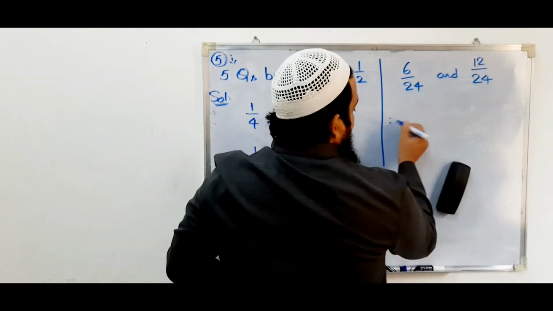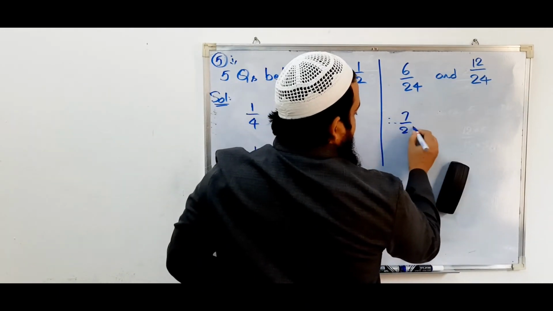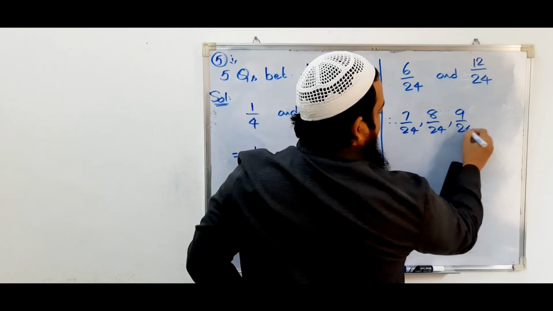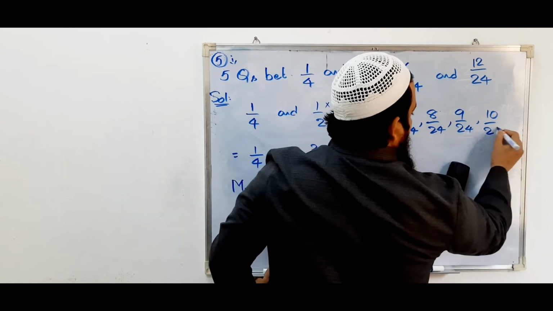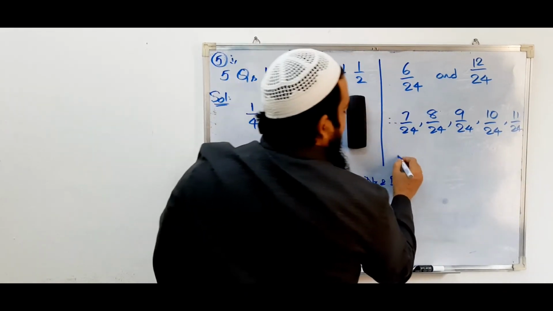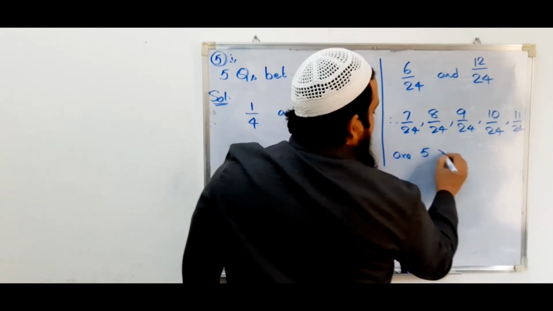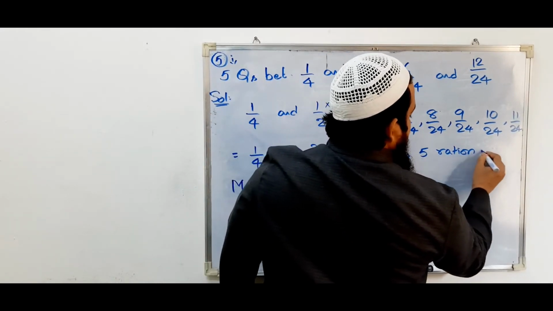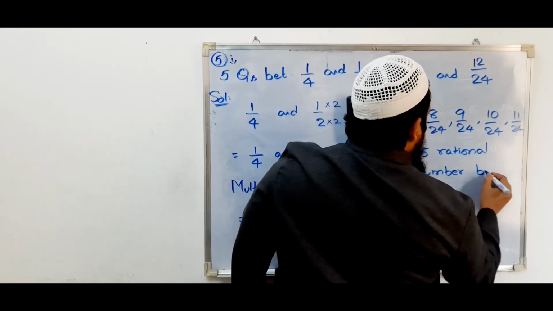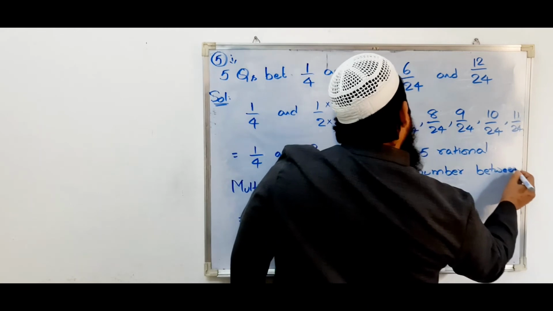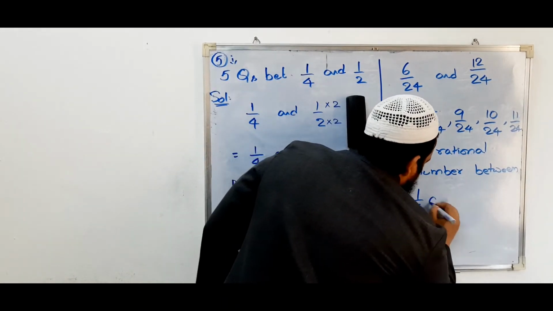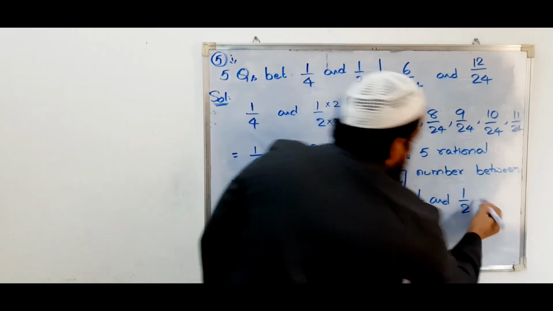So therefore the last step should be like this: 7 by 24, 8 by 24, 9 by 24, 10 by 24 and 11 by 24 are 5 rational numbers between 1 by 4 and 1 by 2.